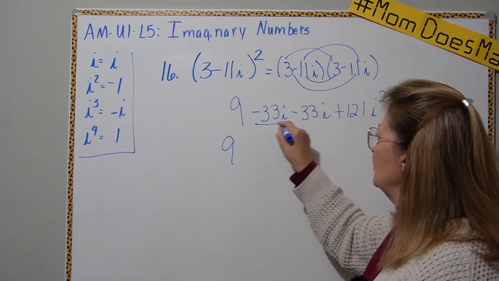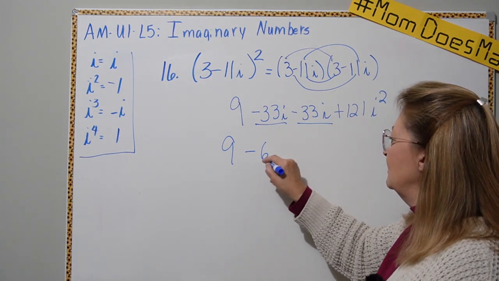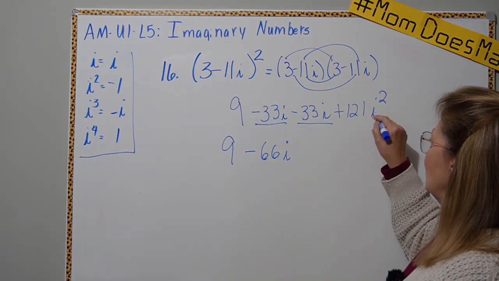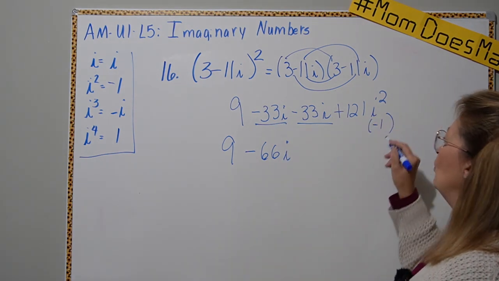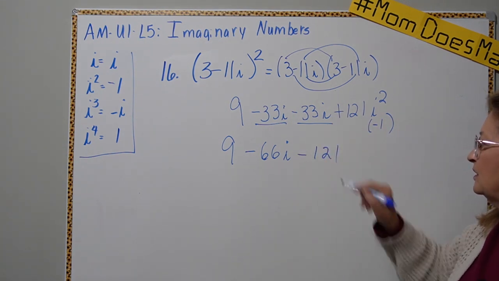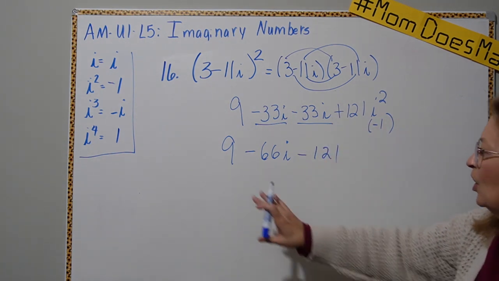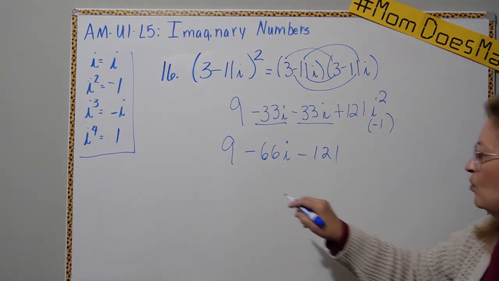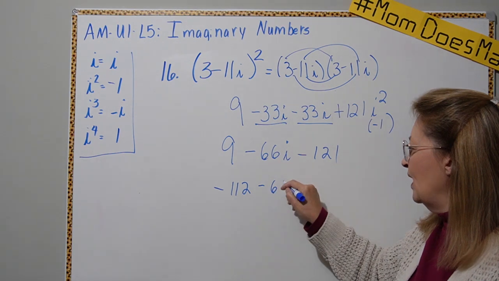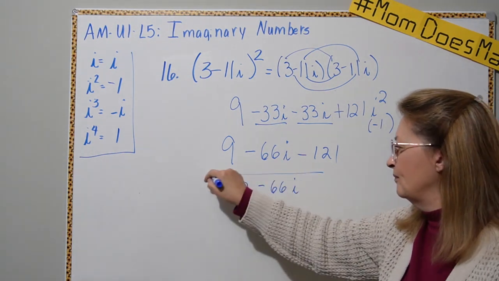Okay, combining terms here in the middle gives you negative 66i. All right, what is this i squared? It's negative 1. So 121 times negative 1 just makes it negative again. All right, 9 minus 121 is going to give you negative 112 minus 66i.